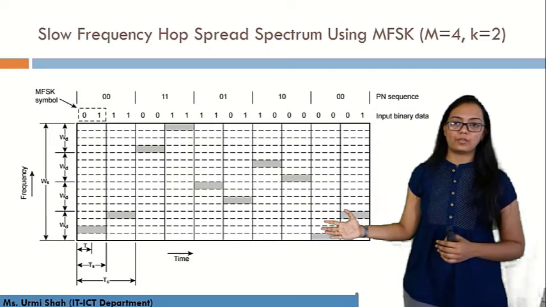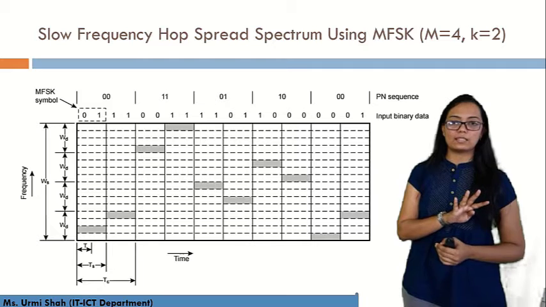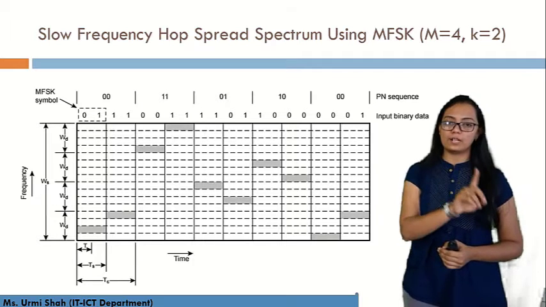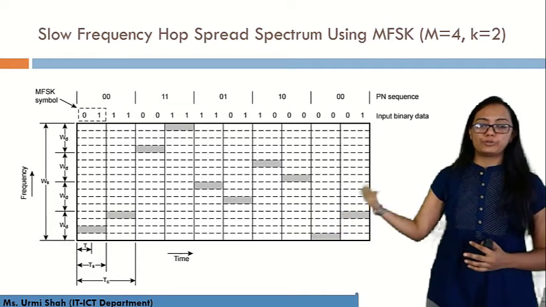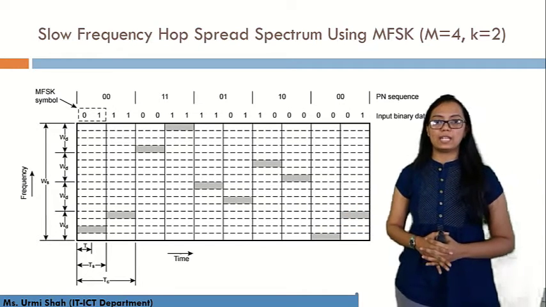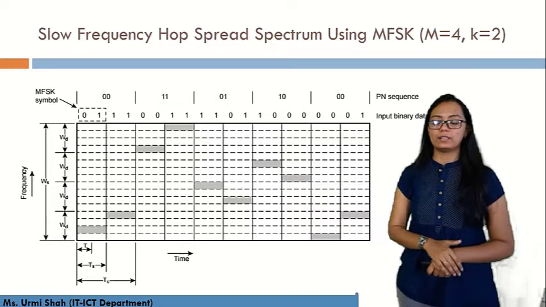M is 4, which means you will have 4 different sequences in the input: 00, 01, 10, 11. Now these are the 4 MFSK spread spectrum modules, as you can see over here.